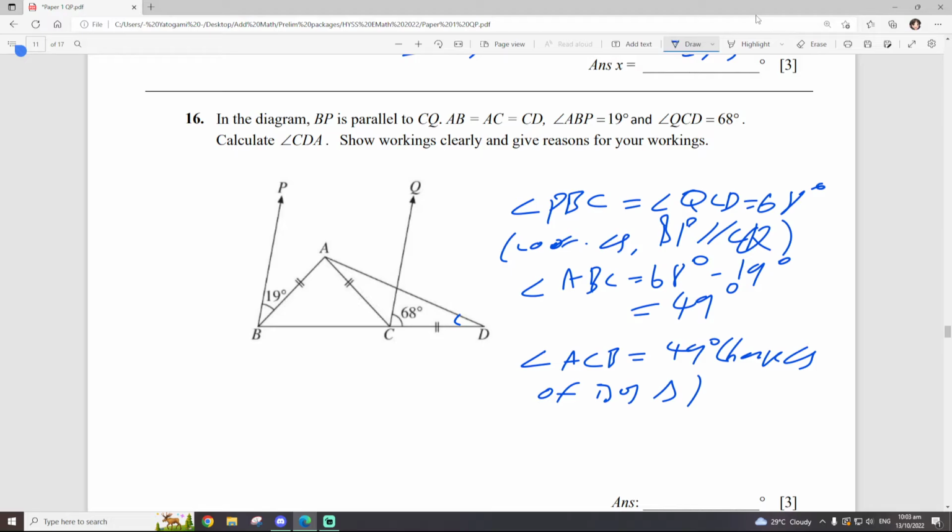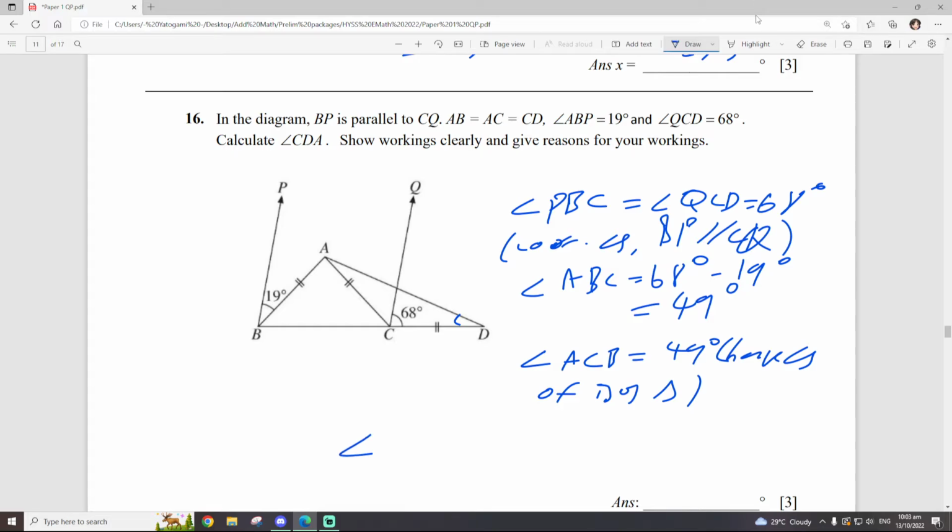Okay, this is 49 degrees, and then you can use this to find the angle ACD, which is 180 degrees minus 49, which is 131. Yeah, then the base angles. So actually this is also 49 degrees.